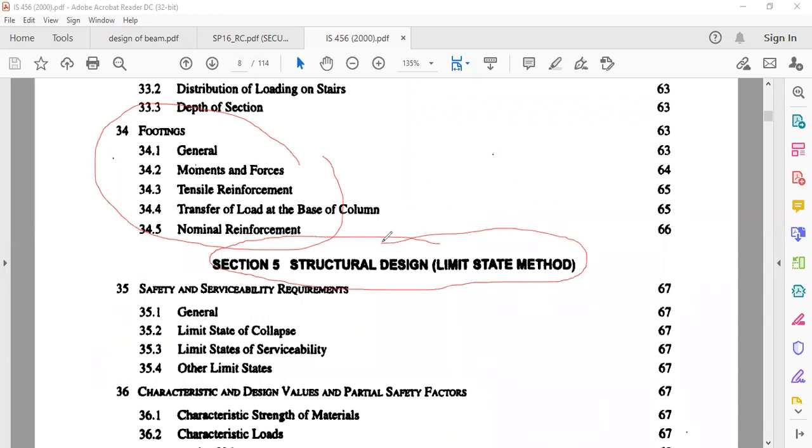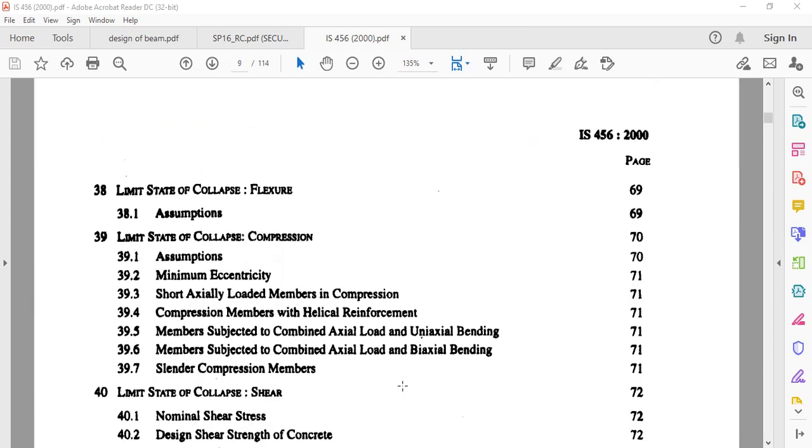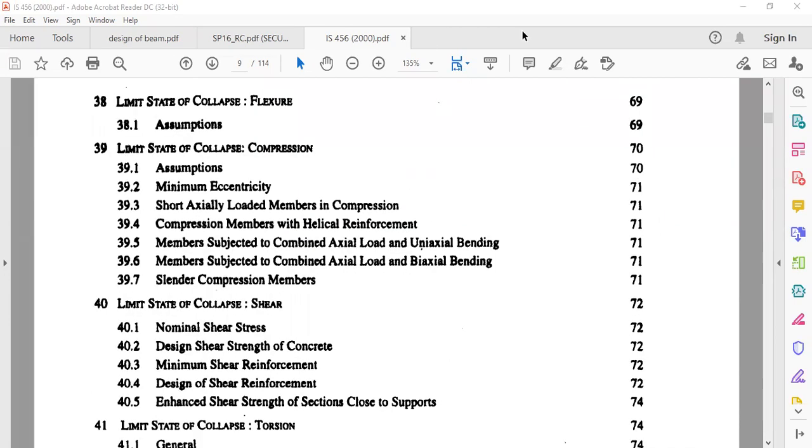You will be able to see the different parts related to the limit state method especially, and what the limit state of collapse or serviceability or other limit states are, safety and serviceability requirements. Then partial safety factors, whatever we have seen, have already been covered in this part itself. Then you have analysis, and then different limit states.